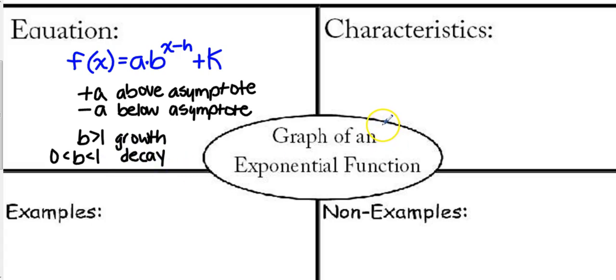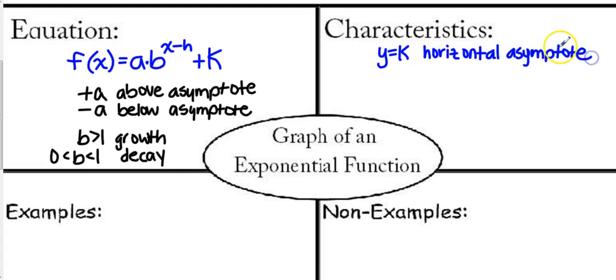Some of the characteristics that we looked at in the beginning when we looked at this function included that y equals k gets us our horizontal asymptote, and h and k also dealt with shifts.